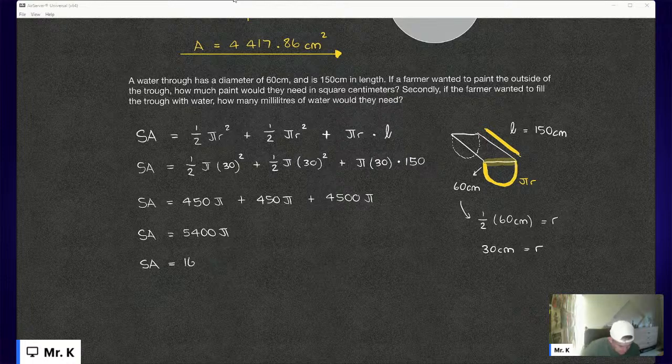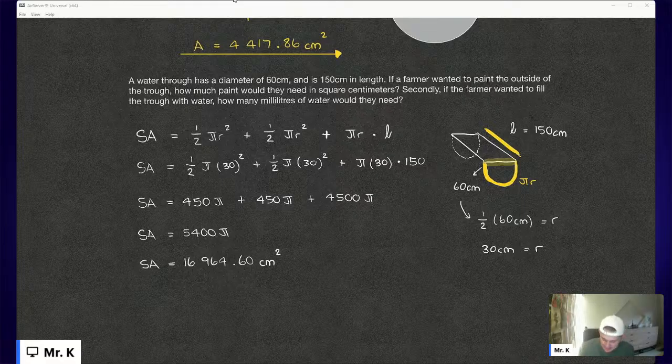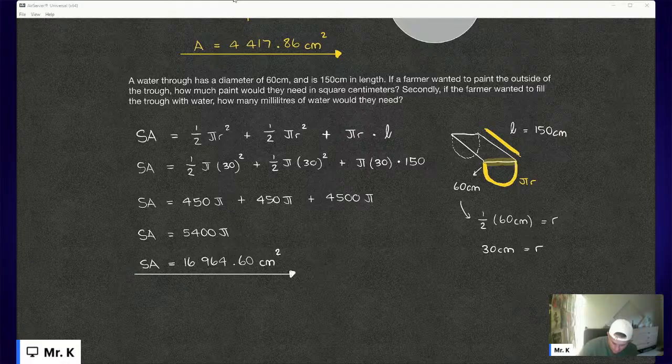translates to 16,964.60 square centimeters. So he basically has to cover 17,000 square centimeters worth of area if he wants to paint the outside of this trough.